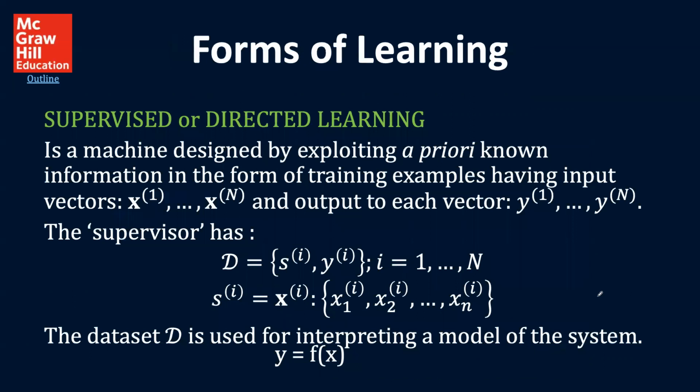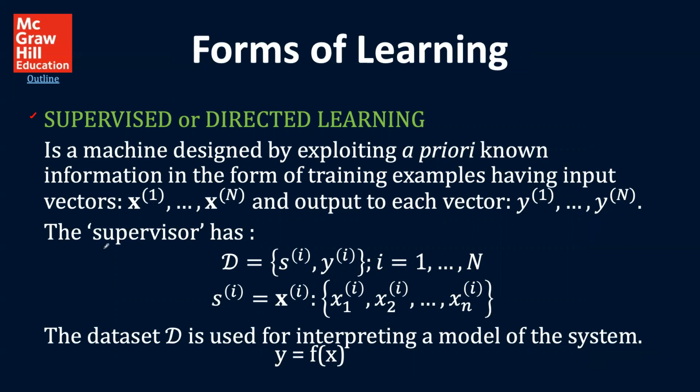Okay, now to finish up with the forms of learning, this is the next chapter, we'll talk about supervised or directed learning. This is where a machine is designed by exploiting a priori knowledge in the form of training examples. So you take part of your data, use it for training, and this is how you program the sensitivities that you're going to be using for your learning machine.